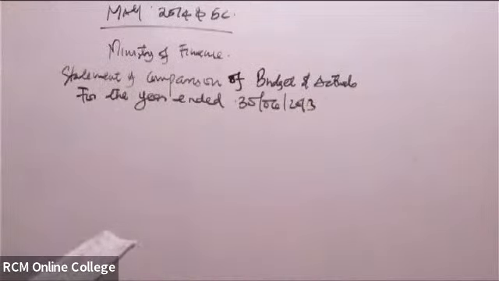Whenever you are given the original budget and the final budget, the figures you'll likely have to use here will be the figures for the final budget. You'll compare the final budget and the actual amount.